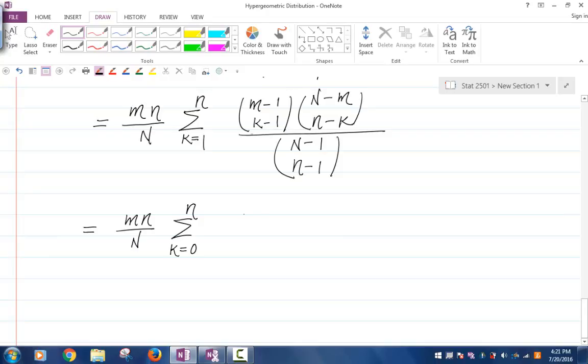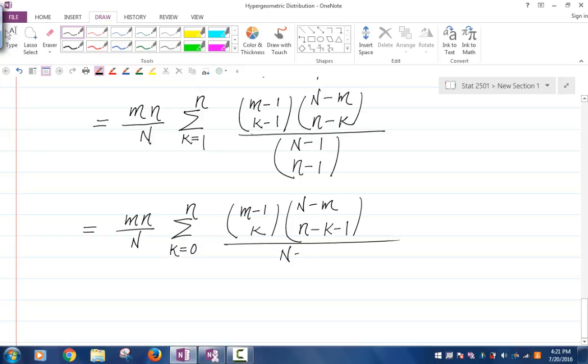So I'm going to get m minus 1 choose k, cap N minus m choose n minus, when you replace k by k plus 1, you get n minus k minus 1 here, divided by cap N minus 1 choose n minus 1 here.